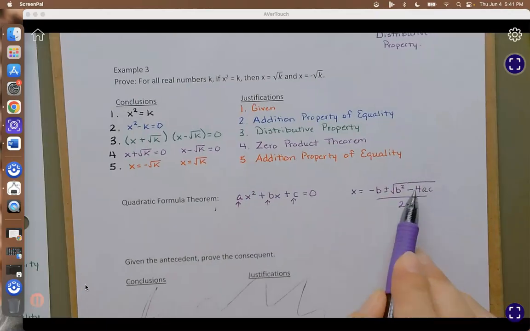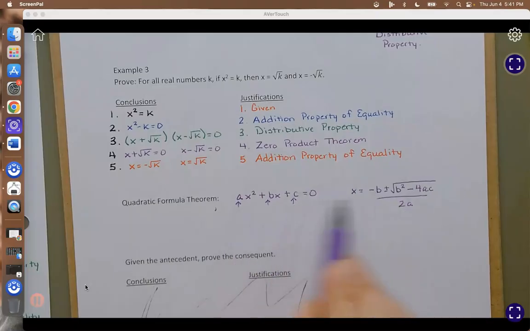Then what I would like for you to do is do -4 times this number times this number. Whatever that sign is what you put here. Okay? So you'll have whatever this number is, and then whatever you got when you multiplied -4 times a times c. Combine those, then take the square root. Okay? And then 2 times a.